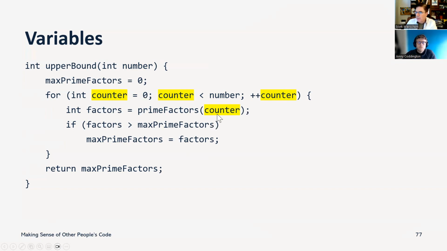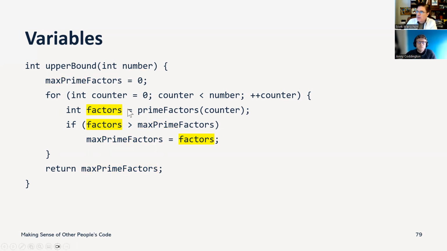It's also used as a parameter here, but its main purpose is as an iterator. Max prime factors, we can think of that as the thing we're looking for. This is our target, our most wanted thing.